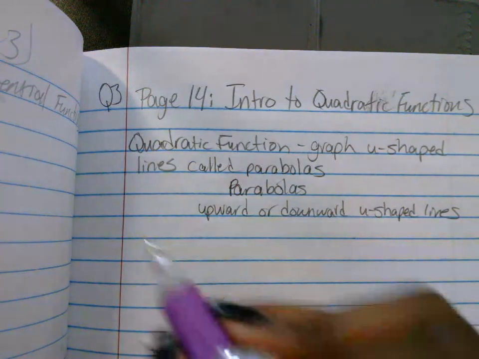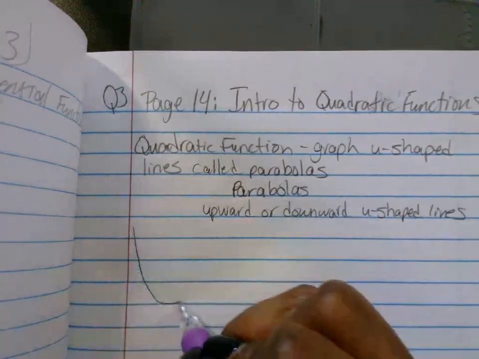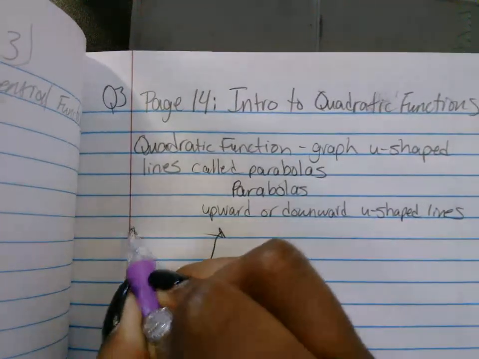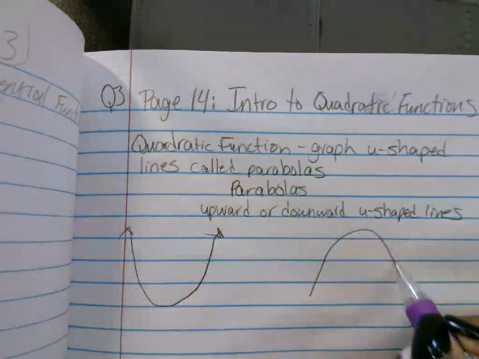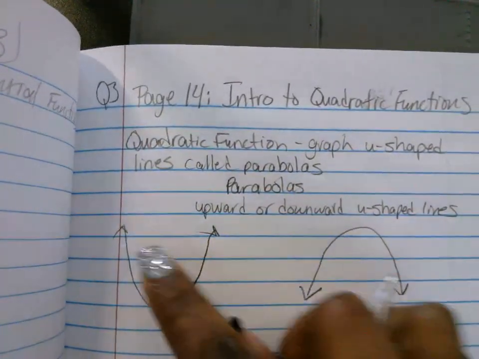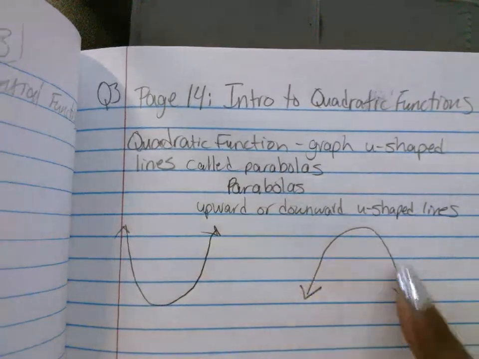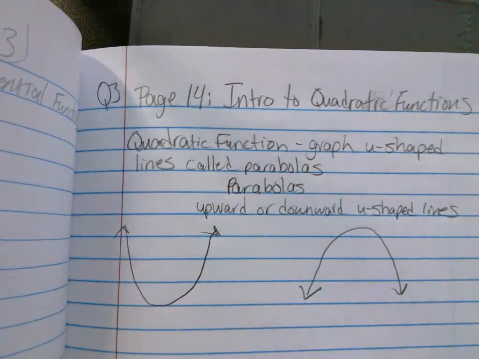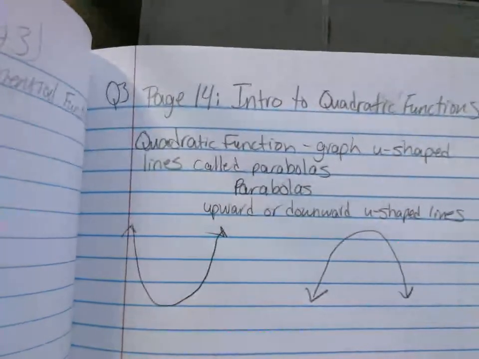You only have upward parabolas where the line is going up, or downward parabolas where the U shape is going down. No sideways parabolas. That is not a quadratic function. It's either an upward U or a downward U.